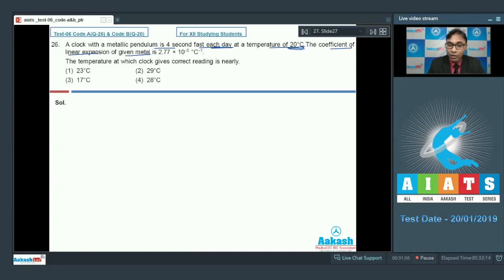Yes. And we know that the time lost per second by the watch or pendulum will be given by half alpha delta theta, where delta theta is the change in temperature. This is the time lost or gained per second by a pendulum clock.